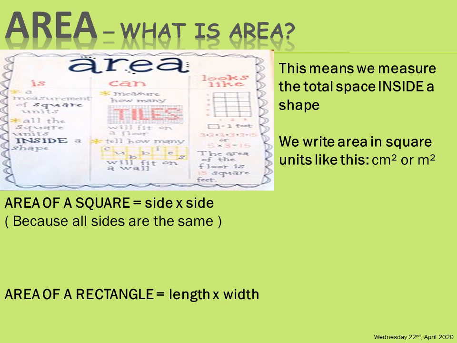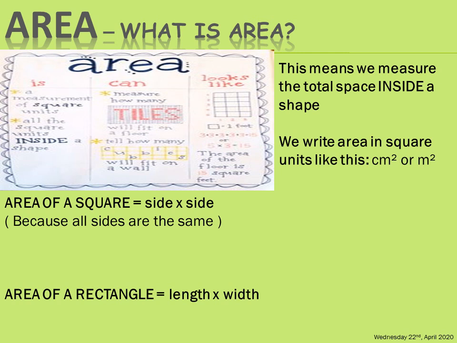Yes, that is what it means to find the area. Do you know that that is the reason we write the answer in centimeter square or meter square? That is the reason, because we are counting all the squares inside the shape. Okay, so area measures the space inside a shape, not outside anymore, inside a shape.